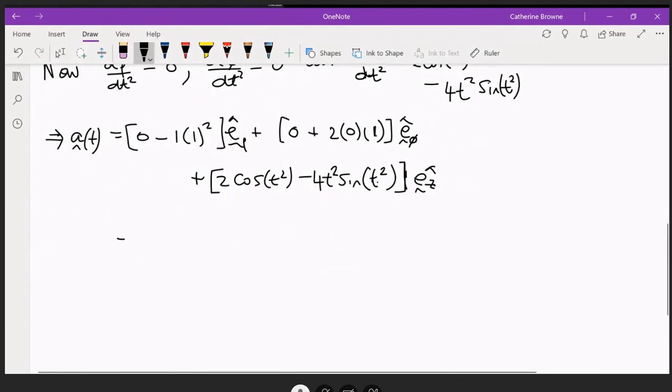And so that's equal to minus 1 in the rho direction plus nothing in the phi direction plus this function of t.